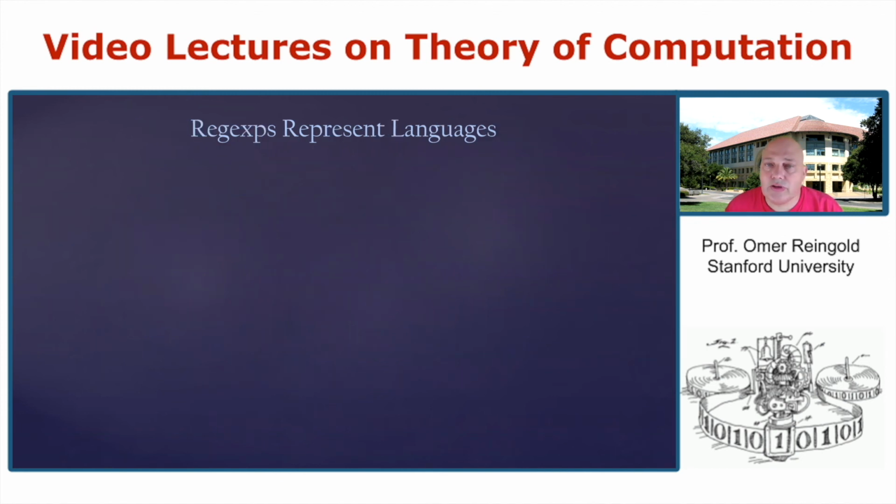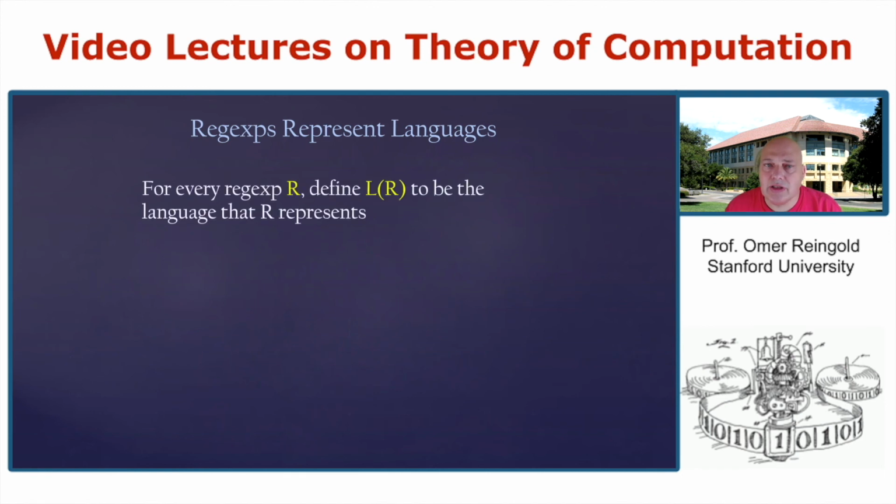So regular expressions represent languages. For every regular expression R, we will define L of R to be the language that R represents. We talked before about L of a machine, and now we are going to refer to L of an expression.